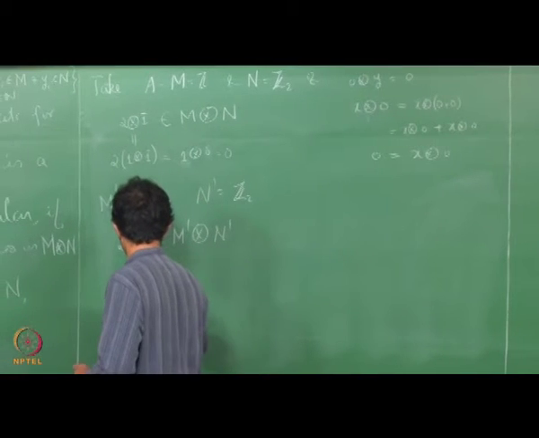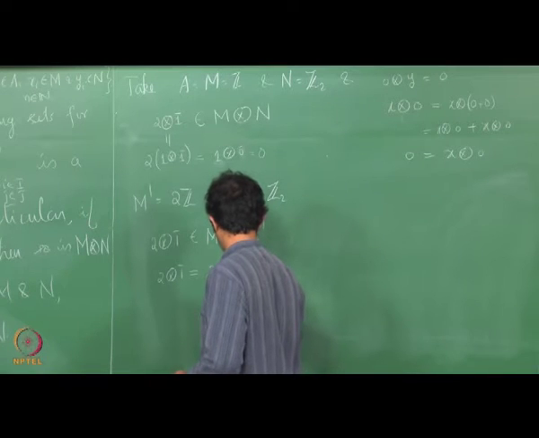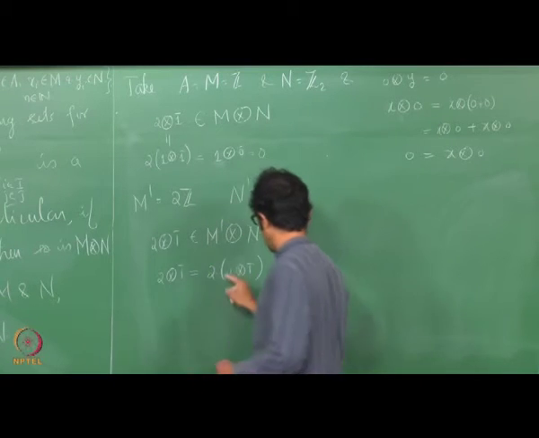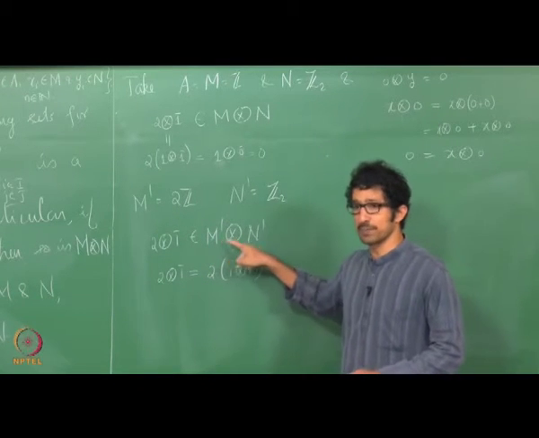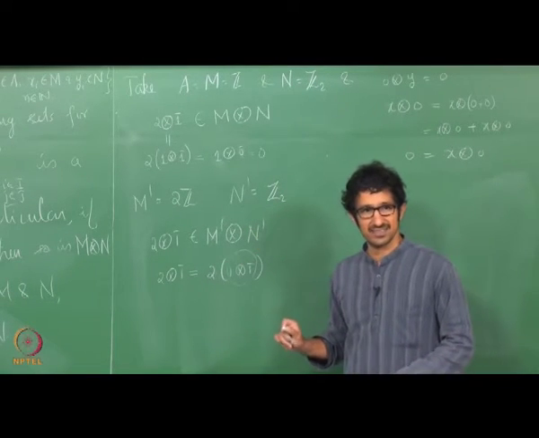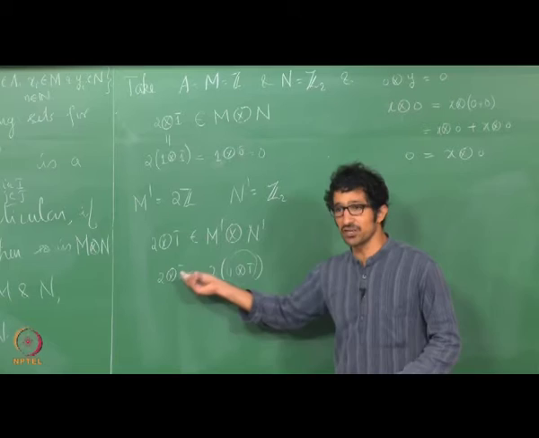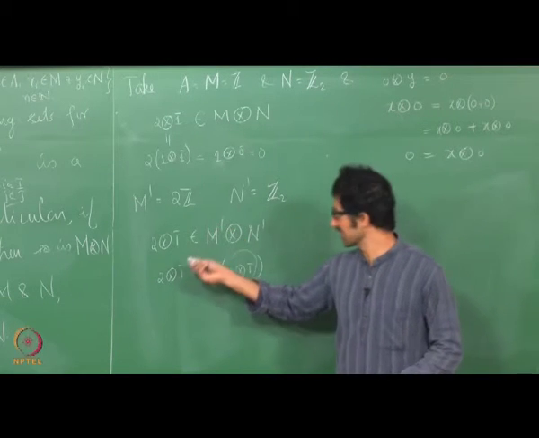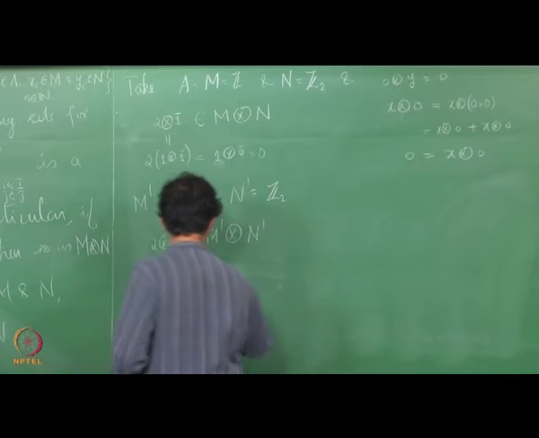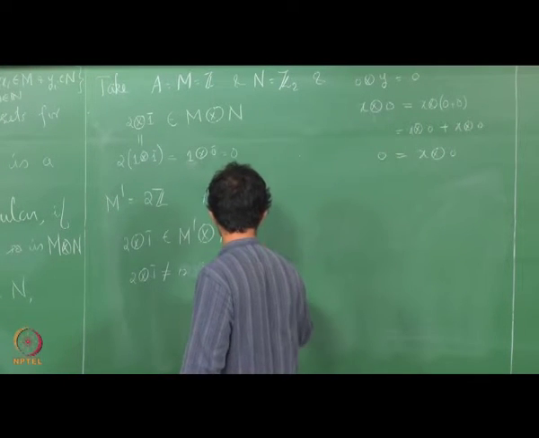See, 2 tensor 1 bar, I cannot write it like this in M prime tensor N prime, because this element is not there. So this equality does not hold in this module, it holds only here, not here. Therefore this is not equal to 0 in M prime tensor N prime.